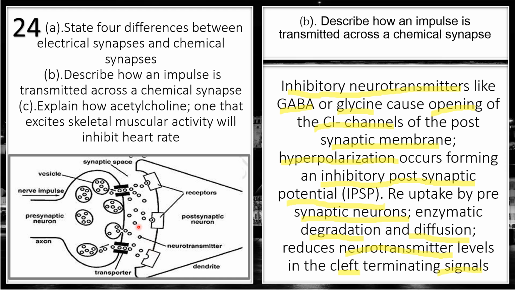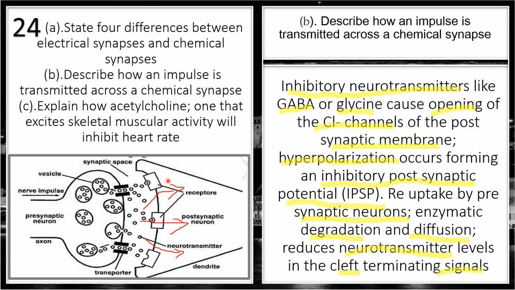This will allow the entry of the chloride ions into the postsynaptic neuron. And when the chloride ions enter into the postsynaptic neuron, they are going to hyperpolarize the membrane, meaning that it becomes more negative.